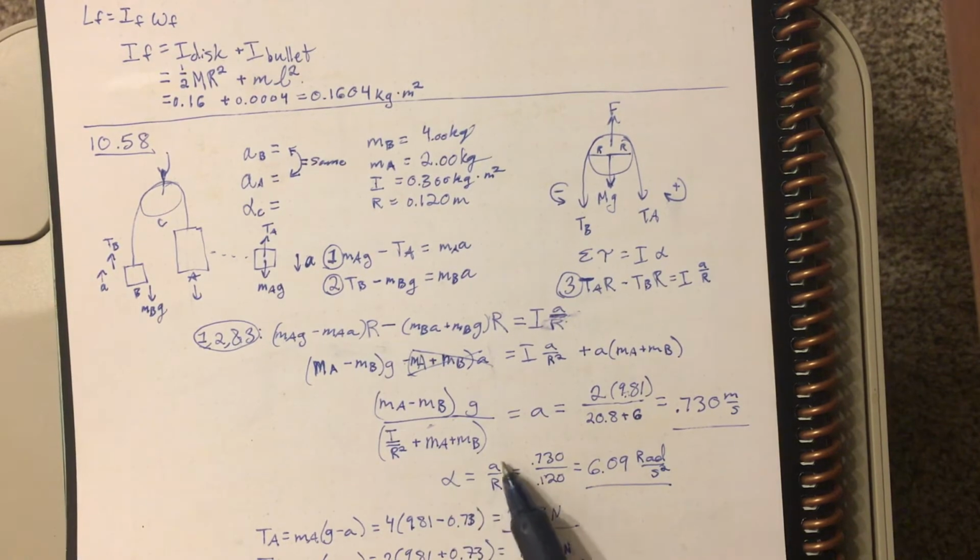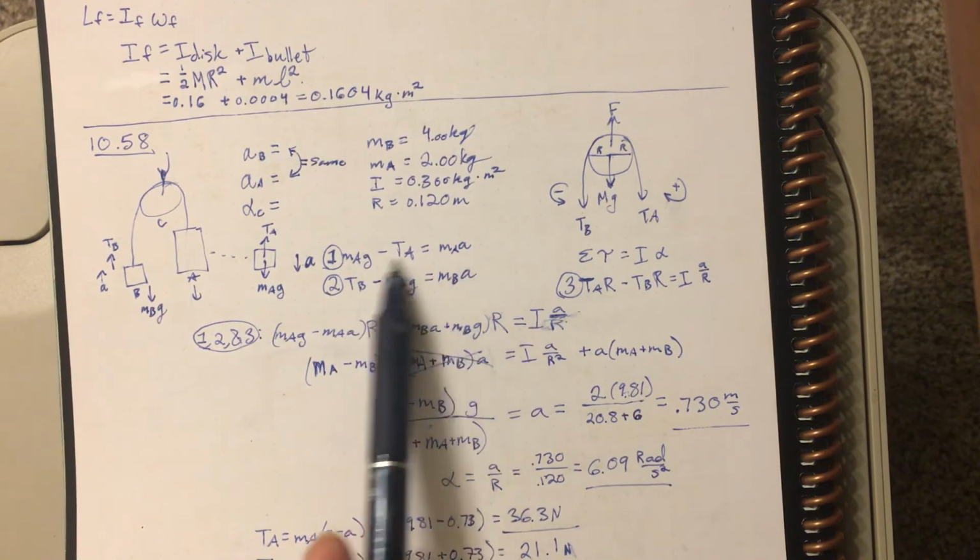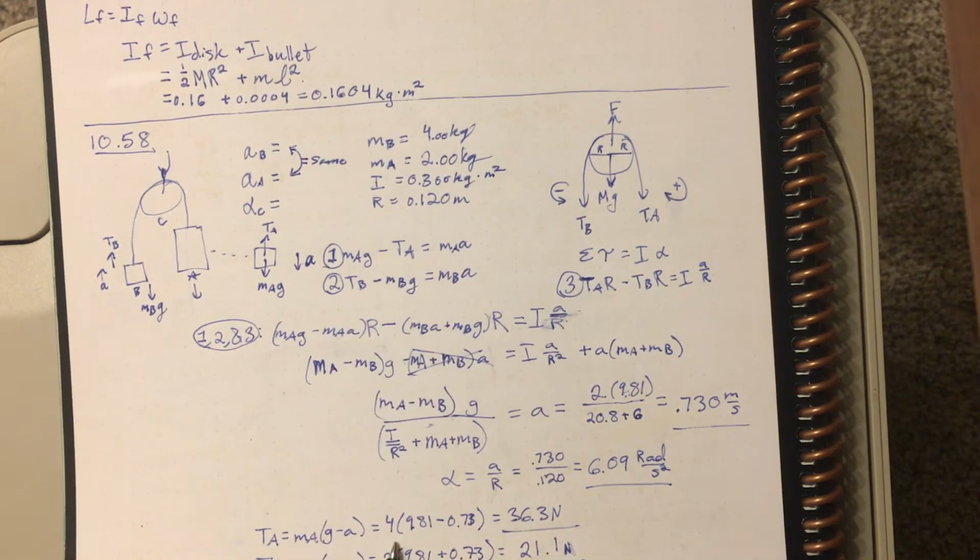So you know that angular acceleration equals linear acceleration over r, so then calculate that. Tension, you'll just plug in all of the numbers for this equation, that's just rewritten here. And then you plug in all the numbers, and yippee, you're done.